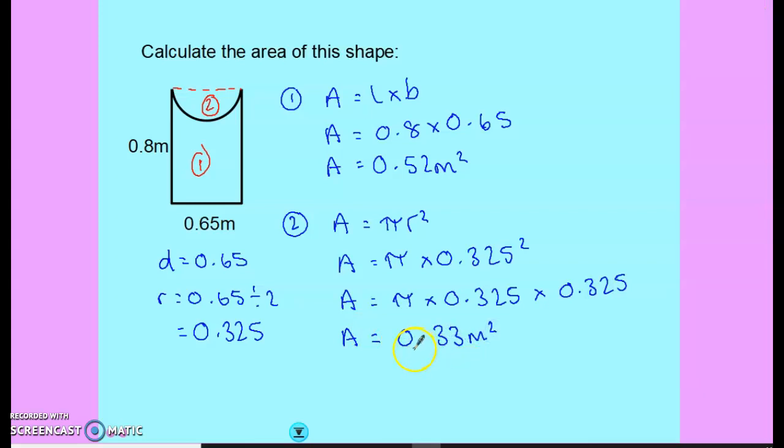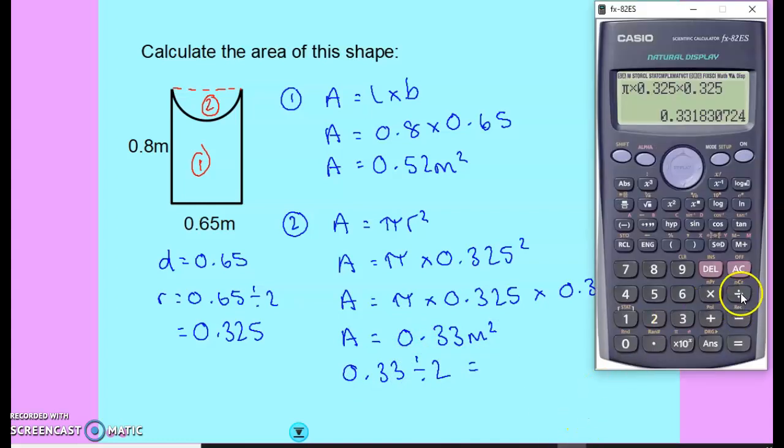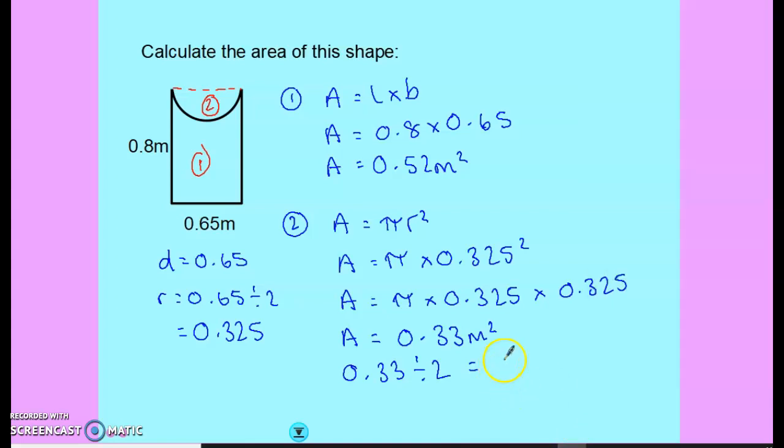That is a full circle. I've only got half a circle, so let's half it. So 0.17. Last wee bit then, the total area. The area this time is the rectangle with the circle missing.